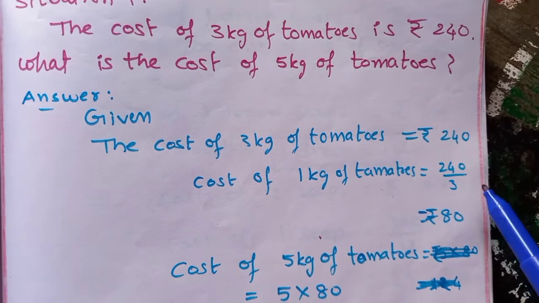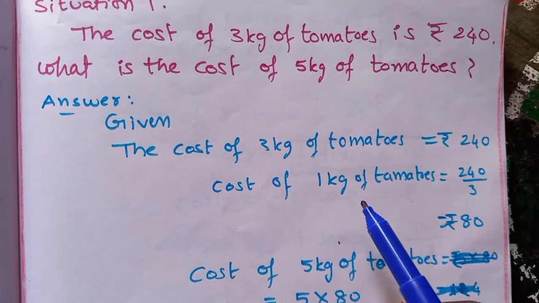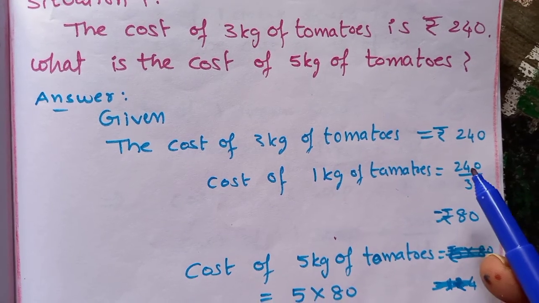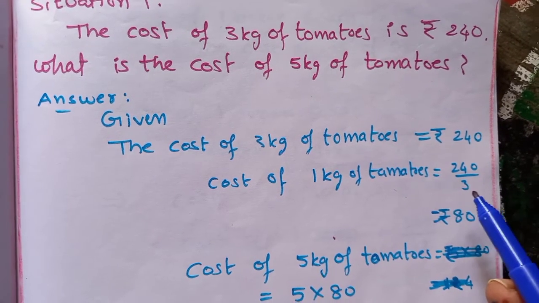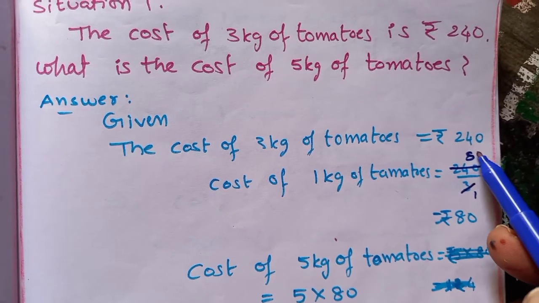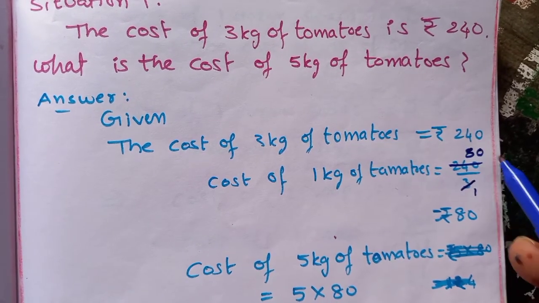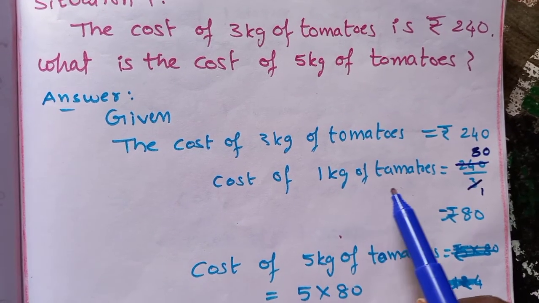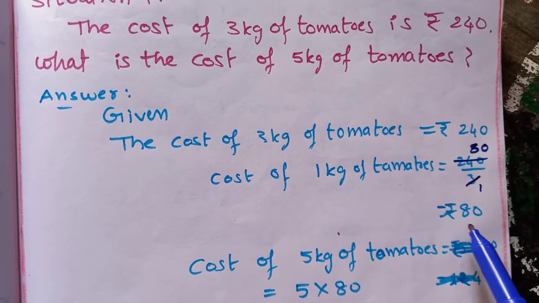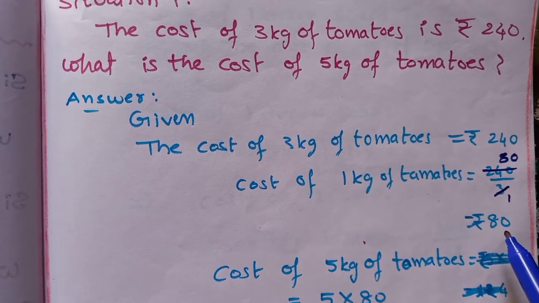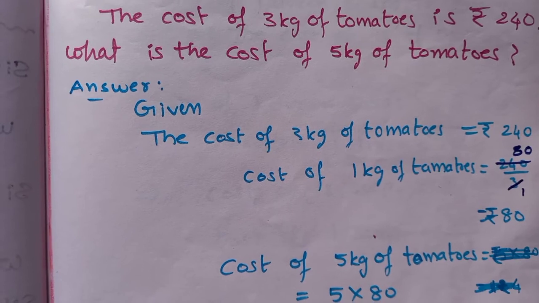So the cost of 1 kg of tomatoes we get by dividing 240 by 3. 3 8s are 24, and 0, so 80. The cost of 1 kg of tomatoes equals 80 rupees.